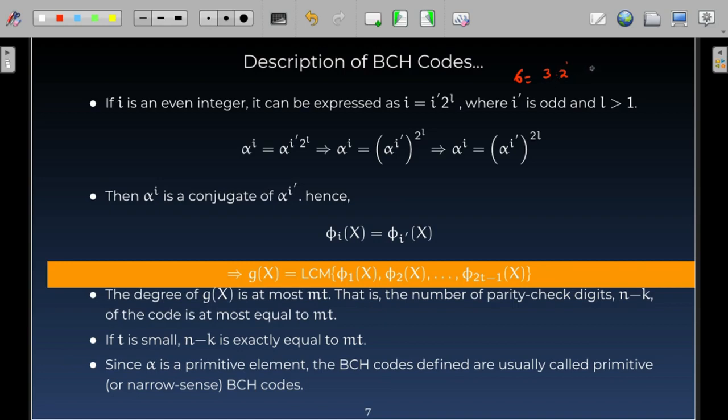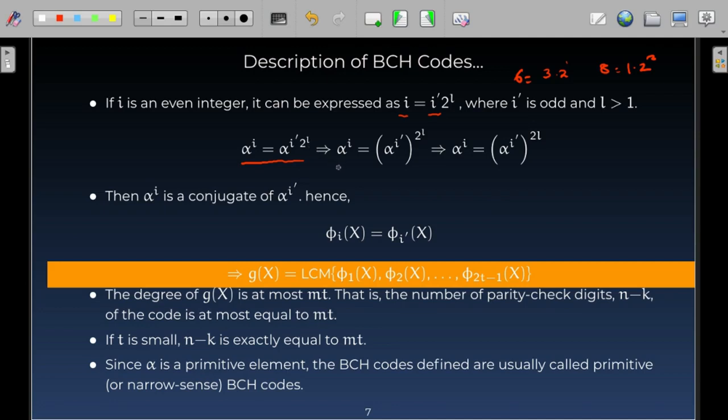In a similar manner, 8 can be written as 1 times 2 to the power 3. So you can see that if you have i as an even integer, then it can always be represented in this form. Then alpha to the power i will be equal to alpha to the power i dash times 2 to the power l.